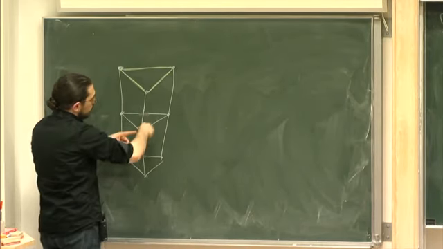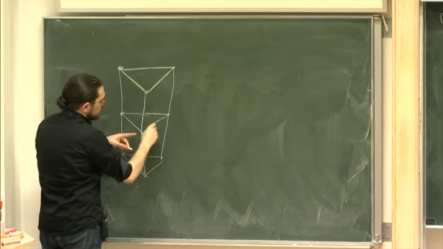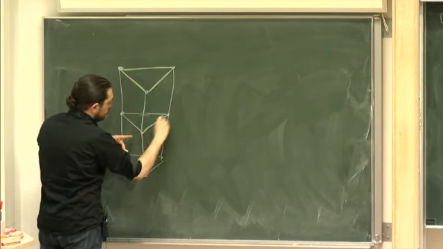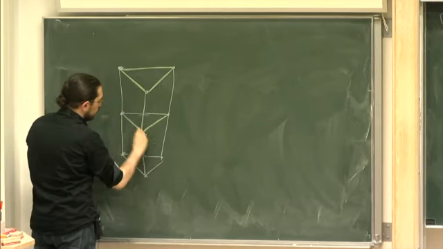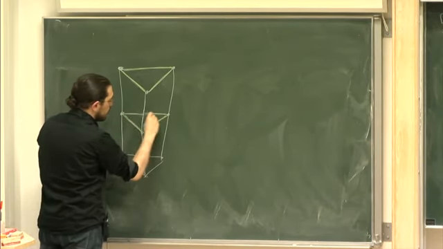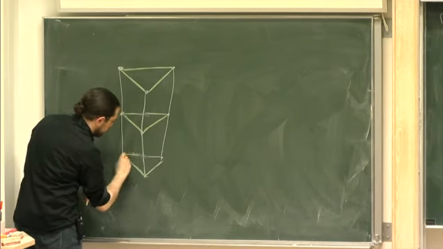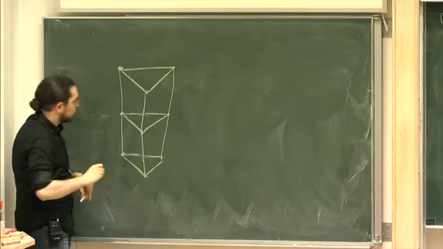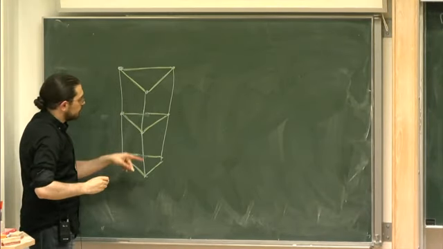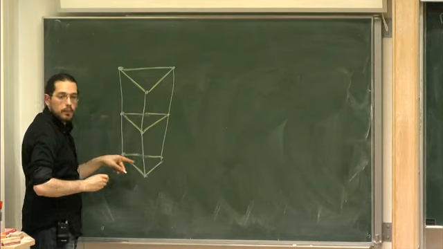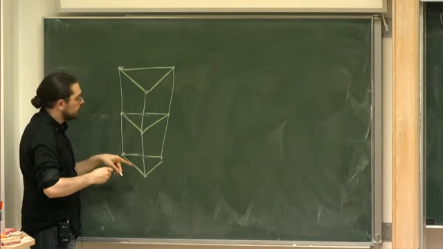I have a square here, so the opposite edges must be equivalent. Okay, I have another triangle here, and similarly this triangle is in the class, and that's all. So in green, the green edges define a hyperplane in the quasi-median graph, right?